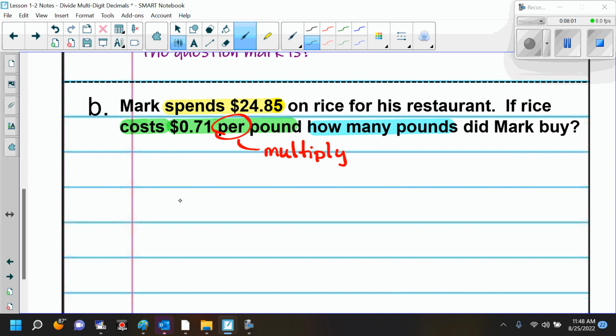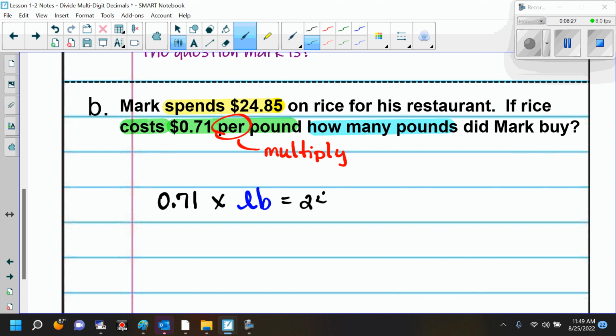So that's 71 cents times the number of pounds. I'm going to do LB for pounds. 71 cents times the number of pounds. And what's that going to give me? That's going to give me how much he spent.